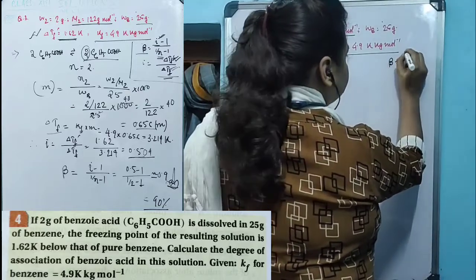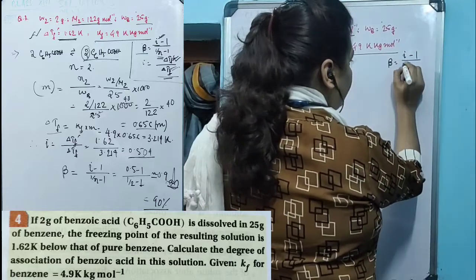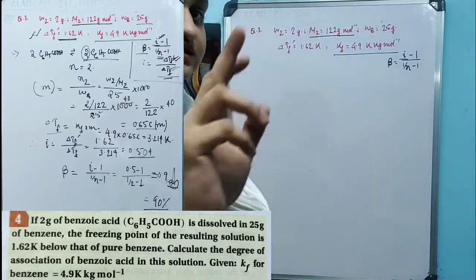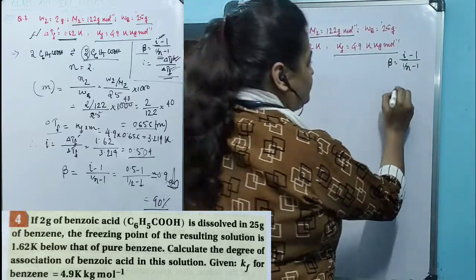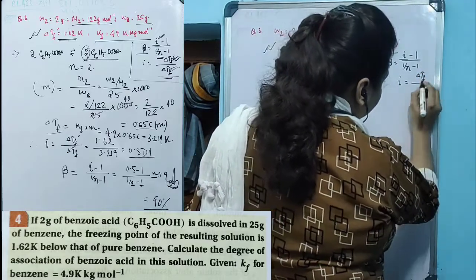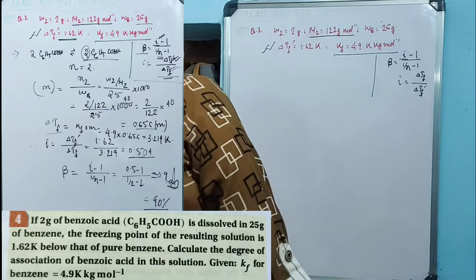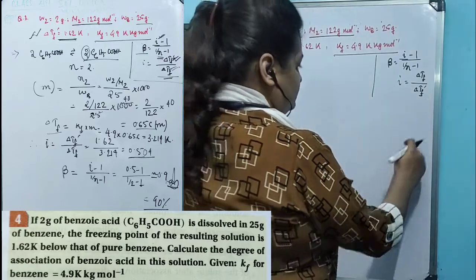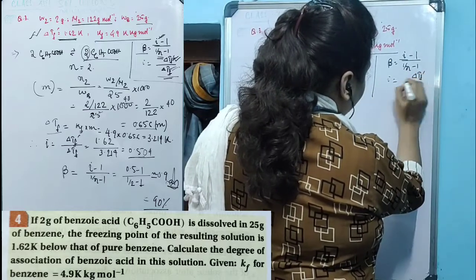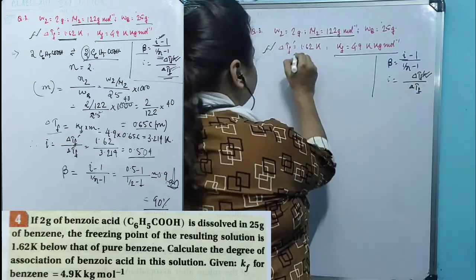Now, association constant beta is expressed as beta equals i minus 1 by 1 by n minus 1, where i is the Van't Hoff factor. Now, i has not been given in the equation. Instead, they have given delta TF prime. So we can calculate i equals delta TF prime by delta TF.